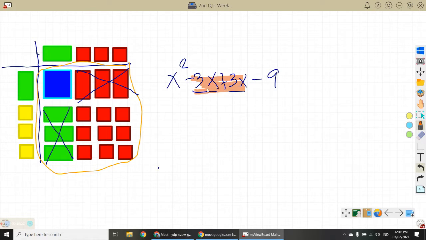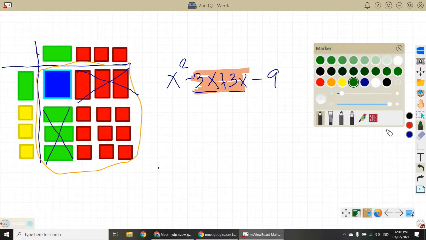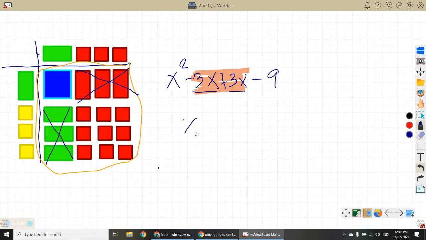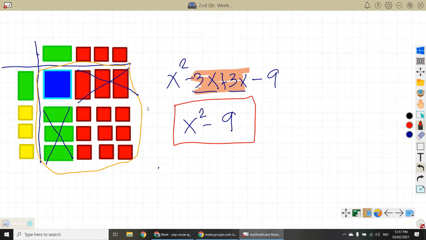This one is 0, so zero pair. So, what remains? X squared minus 9. That will be our final answer because it formed a zero pair. Okay? We're done with algebra tiles.